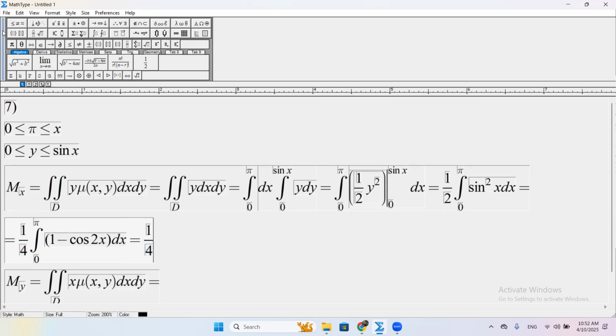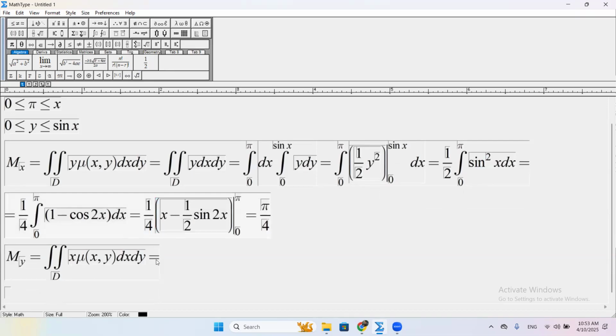Now calculating the antiderivative for this, it will be equal to x minus 1 over 2 sine of 2x, with substitutions from 0 to pi. So sine will go away, and we have pi over 4. So it's done for x.